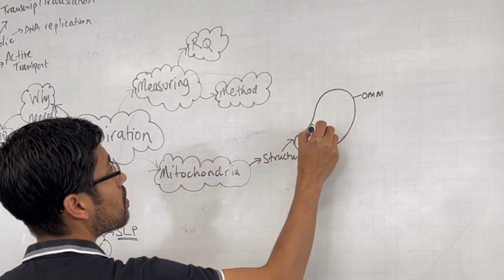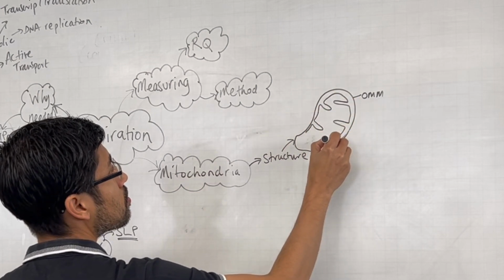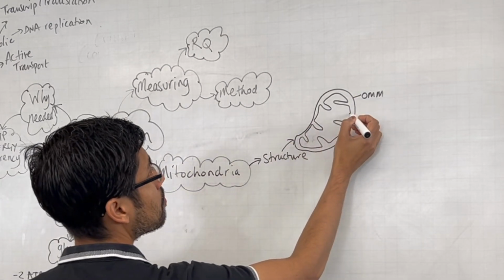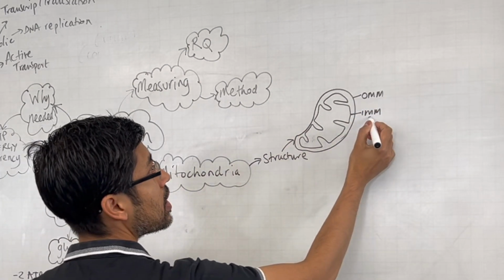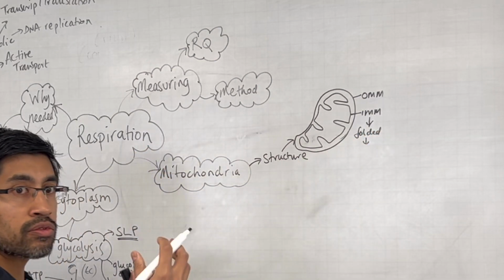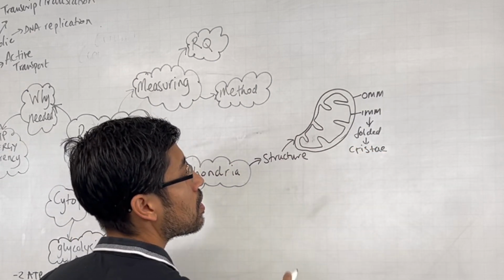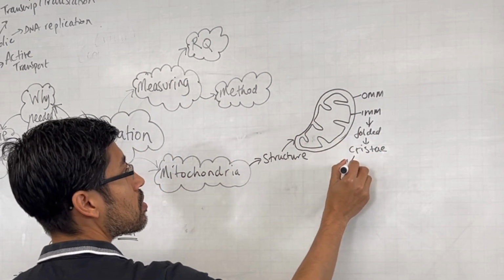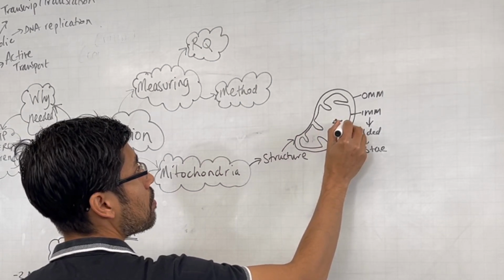We have the inner membrane, which is highly folded to increase the surface area. So we have an inner mitochondrial membrane, and it is folded, and those folds are called cristae.